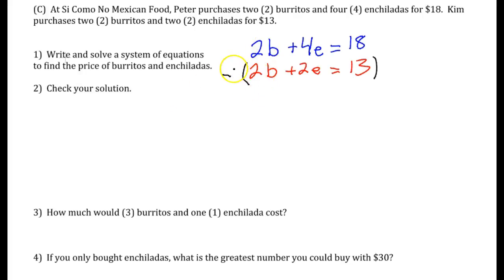You could even multiply the bottom equation by -2, right? Because then over here you'd have -4e, which would cancel with the top here, which is +4e. Okay? And if you're really tricky, you can multiply the top equation by -1/2, because that would make this -2. Half of 4 is 2. Make it a negative, and that would cancel with the 2e right below.